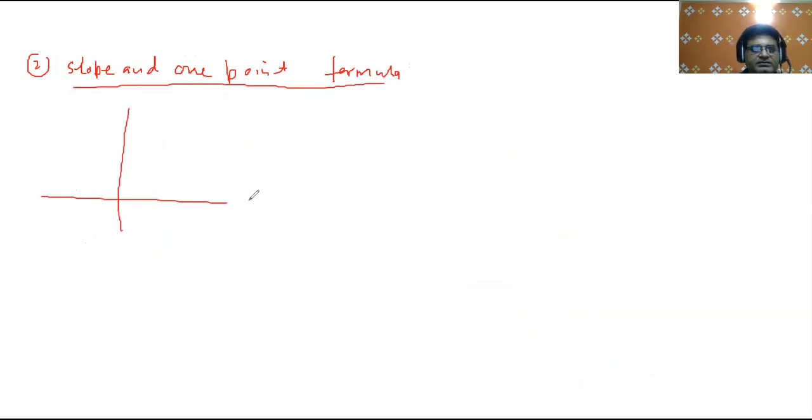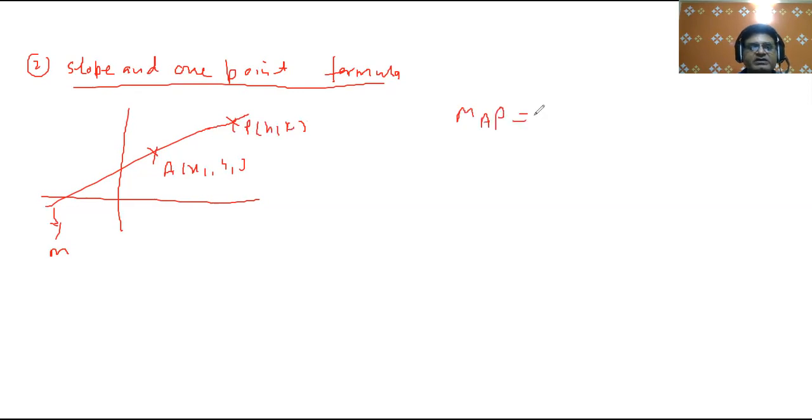You have a line whose slope is m, and it is given that it is passing through a point A (x1, y1). So what we are going to do, we are taking another point P, say for (h, k). So slope of AP will be equal to slope m. So this is nothing but (k minus y1) upon (h minus x1), that is equal to m.